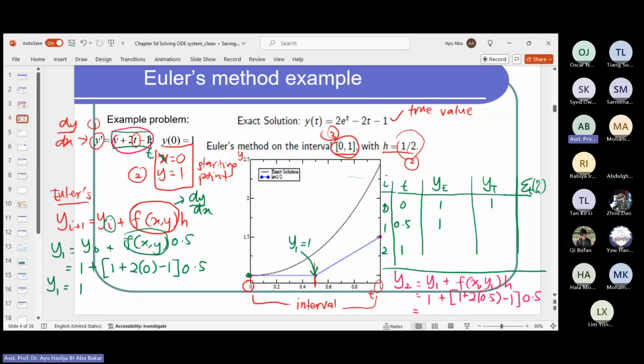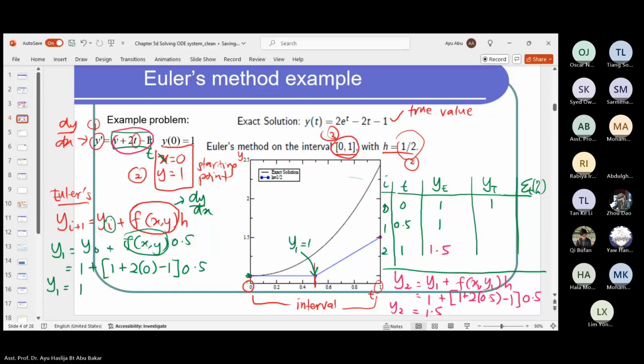Now what do you get for your y2? 1.5. Correct, yes, 1.5. So here you put in 1.5. That's why you see over here the predicted value is 1.5.